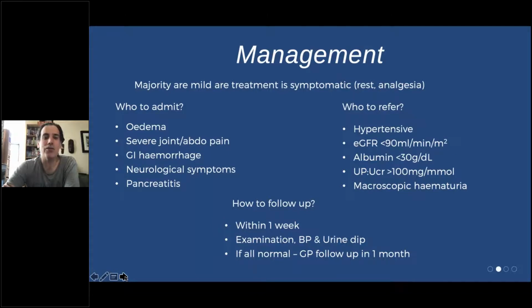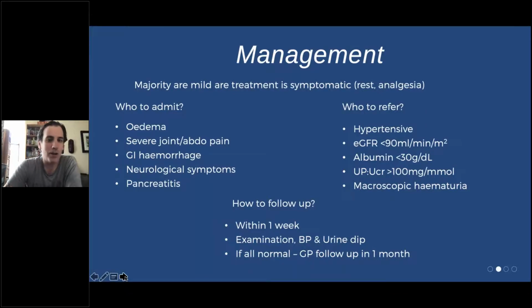Now, how do you follow up these children? If the child is well, they get discharged. Normally, you bring them back within about a week's time. You examine them, you do a blood pressure and a urine dip. If everything is normal, then each unit should have their own template or pro forma.